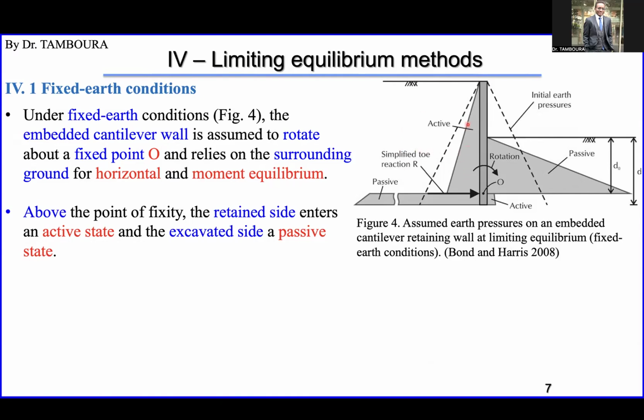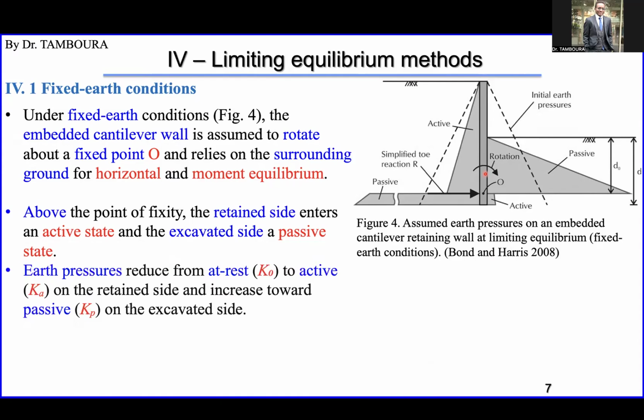So you can see easily that you have active earth pressure above this point at the retained side. But above this point at the excavated side, it is passive earth pressure. Then if you take below, it will be opposite.